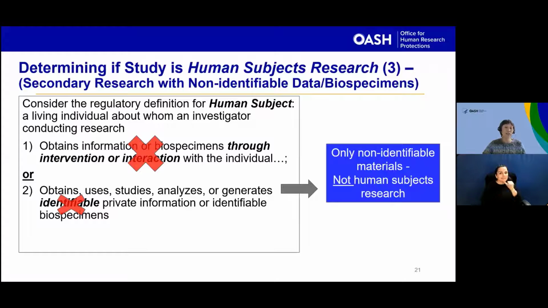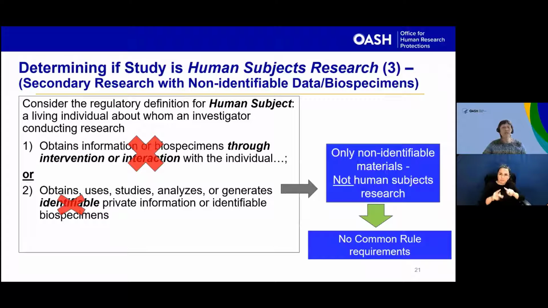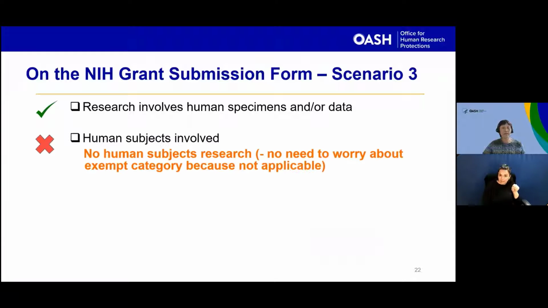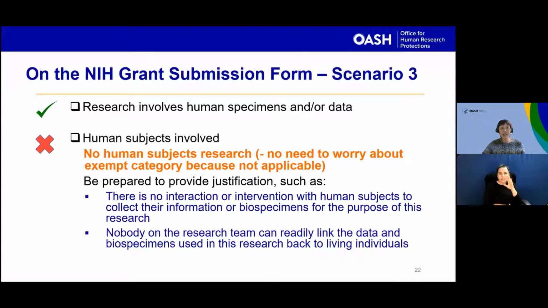Of course, there's been no interaction or intervention at all for the purpose of this research. So then you have a case of not human subjects research. No common rule requirements for this research. And for your NIH grant application, you check yes to research involving human specimens or data, but you check no to human subjects involved, right? So you don't need to worry about any exempt category, and I'll explain that more clearly later on. You don't even have to go into that consideration.